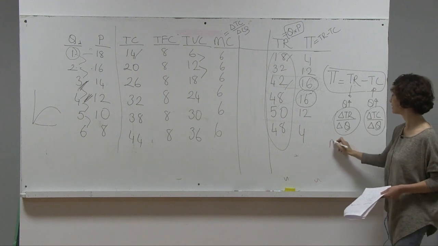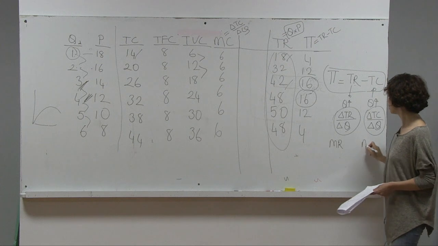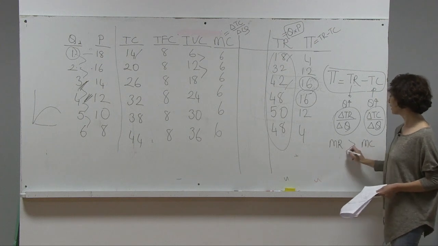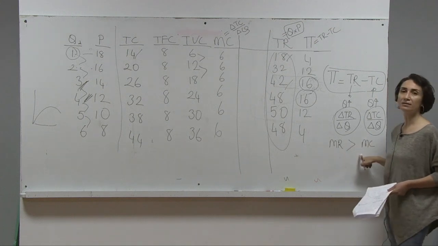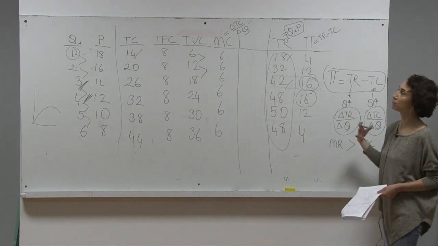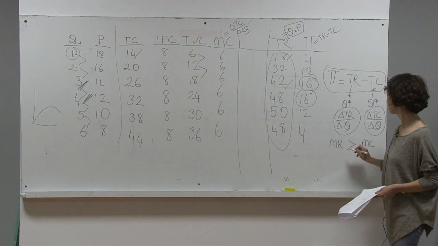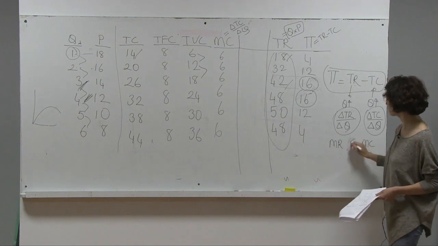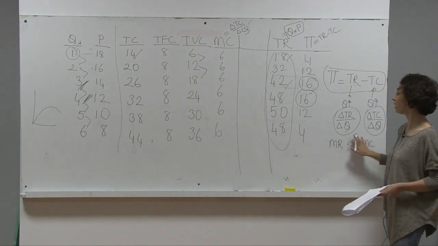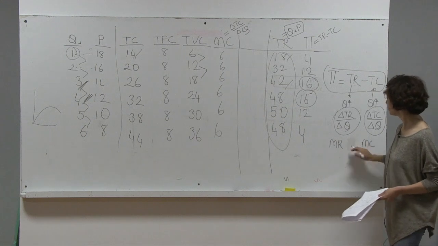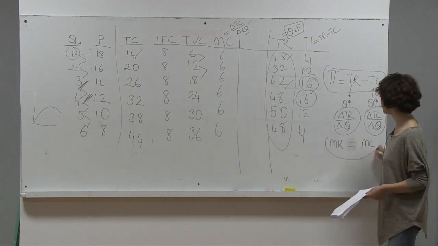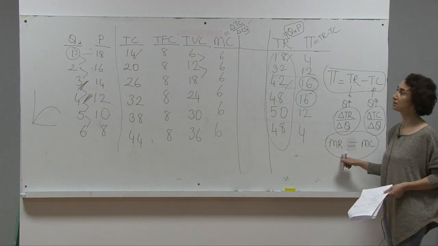This is known as marginal cost. So as long as marginal revenue is higher than marginal cost, I want to produce. If marginal cost is higher than marginal revenue, I don't want to produce. So the rule of profit maximization is still true.